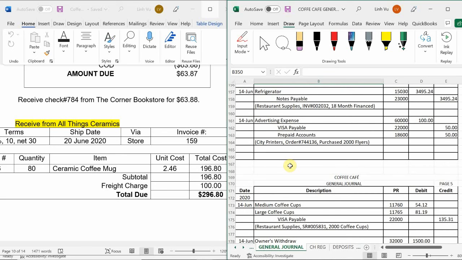Okay, we don't record it until later, at the end of the cycle. We don't record how many items we sold until later. So yes, we do record purchases.